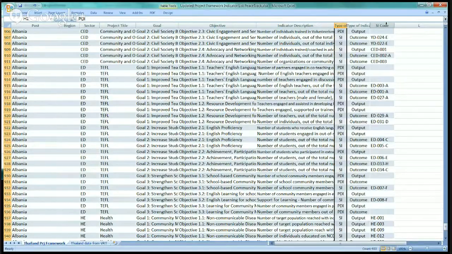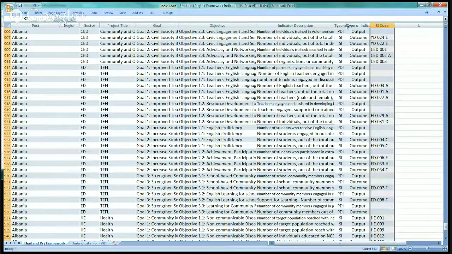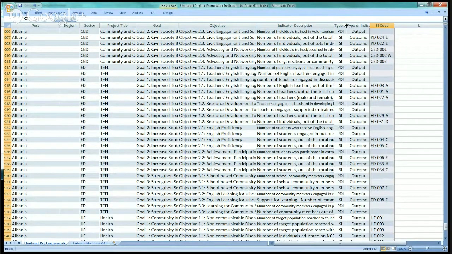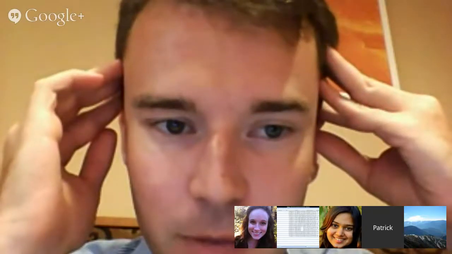And if the country wants their volunteers to measure extra things on top of that, they'll create their own, which are PDIs. They're created by the post. So it's still Peace Corps staff, but it's the Senegalese staff, for instance, that want their Senegal volunteers to measure additional things. It's still Peace Corps creating them for the volunteers, but our emphasis on this project is on the SI ones more so.